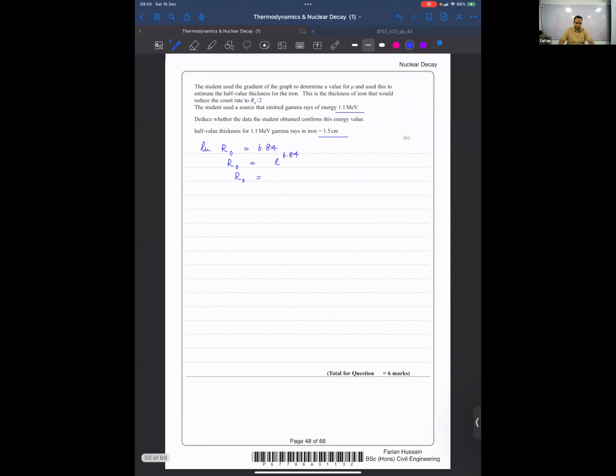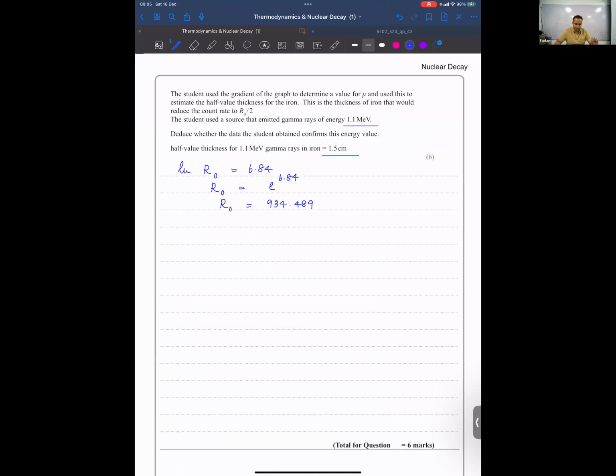Okay, so now when the count rate becomes half, what are they saying is the thickness of iron that would reduce the count rate to R0/2. So half value thickness means the thickness which will make the count rate half of the initial value. So R0/2 is that divided by 2, which is 467.245.